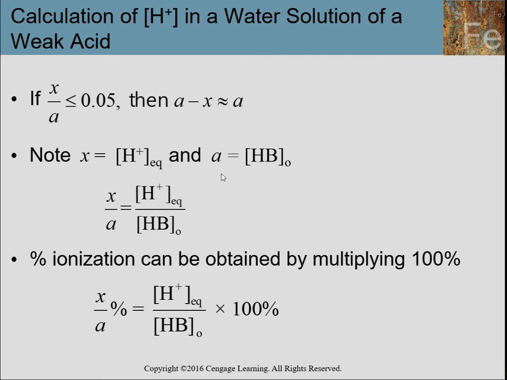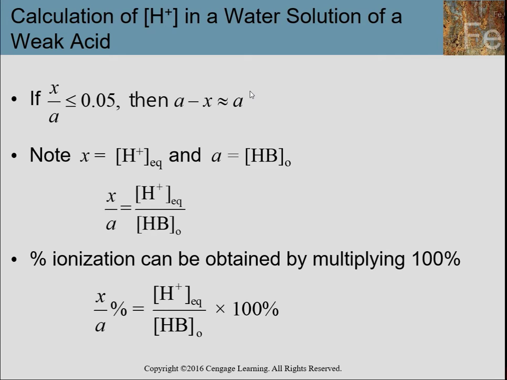So if the comparison of X divided by A is less than 5%, this is called the 5% rule. If the number of hydrogen ions you have compared to the original acid is less than 5%, we can make an assumption that X is negligible and just go ahead and roll with it.